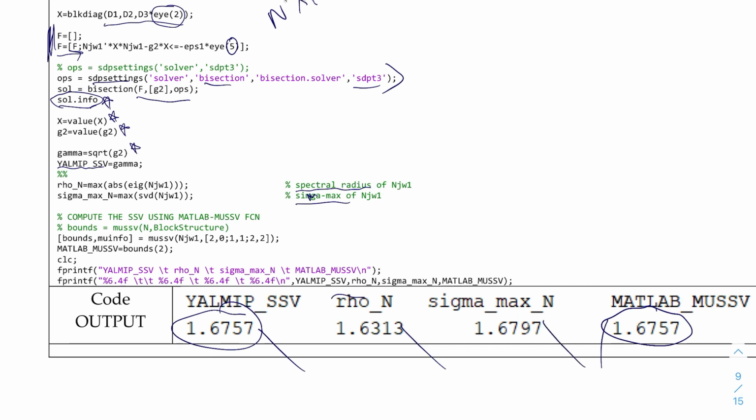And you can also check spectral radius and sigma max. You would expect the mu variable to be sandwiched between spectral radius and sigma max. Sigma max is something that Matlab can compute, and they're really robust algorithms.